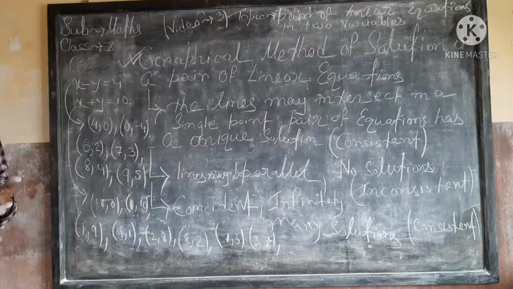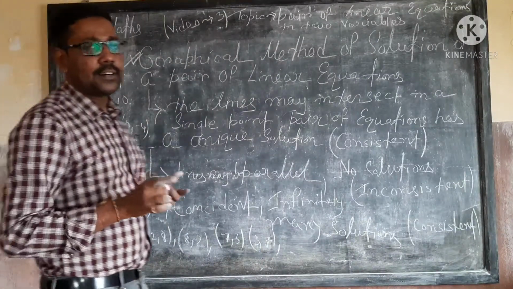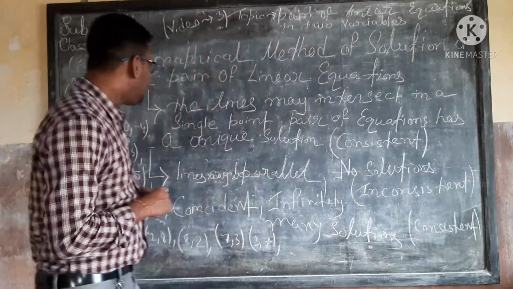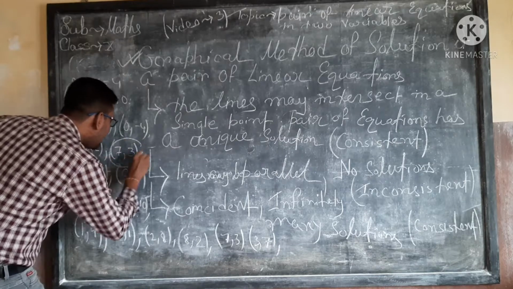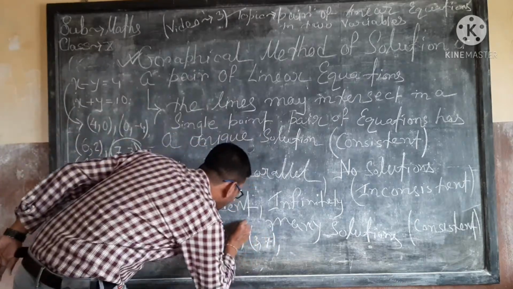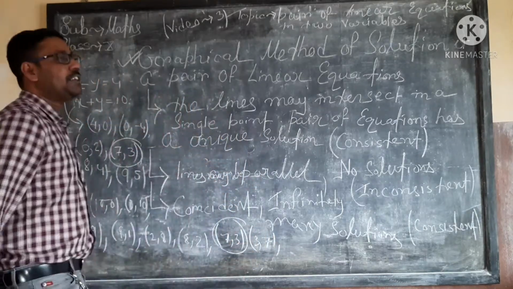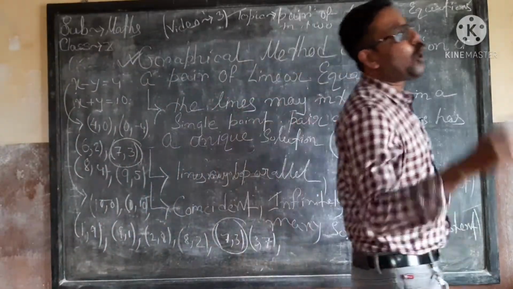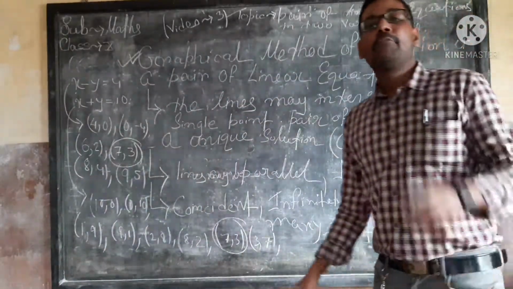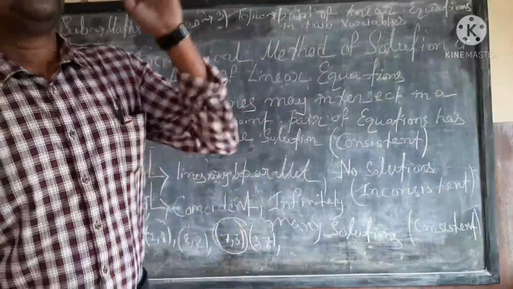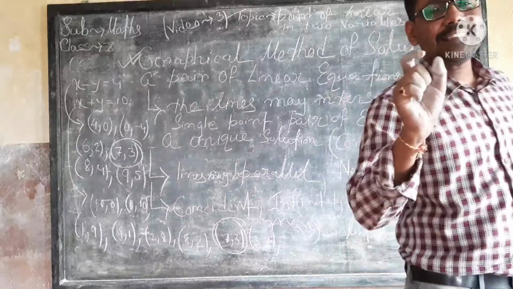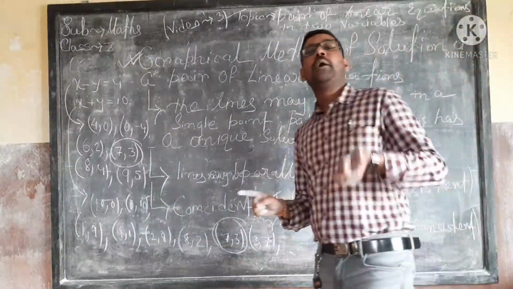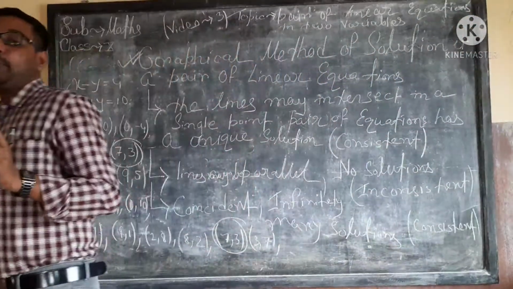This time we only consider the common point. If you consider the solutions of both linear equations, (7, 3) is common to both. That means this (7, 3) is the only solution for this given pair of linear equations.